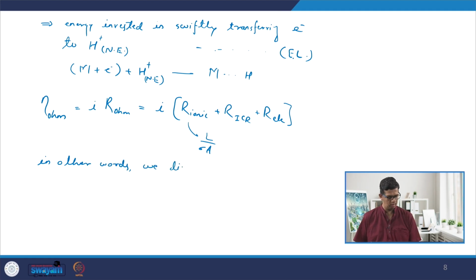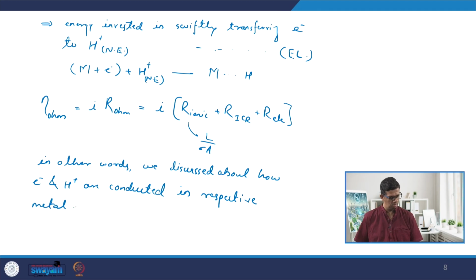we discussed how electron and proton are basically conducted in respective metal and ionic conductors.